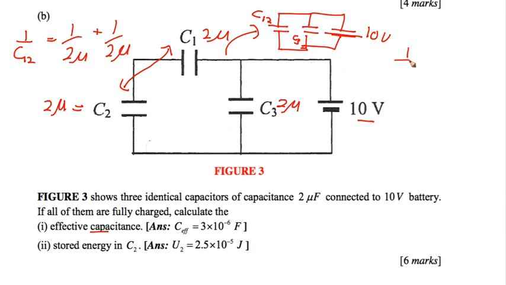So you can calculate the total or effective capacitance of the circuit as C12 plus C3. If you put the values in the equation, the C effective is equal to 3 times 10 to the minus 6.